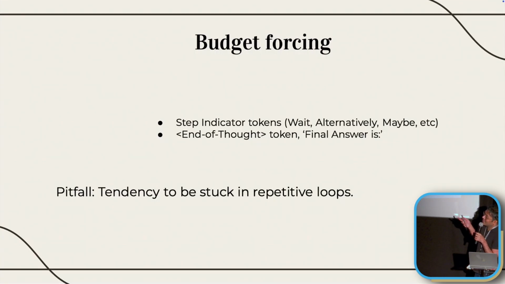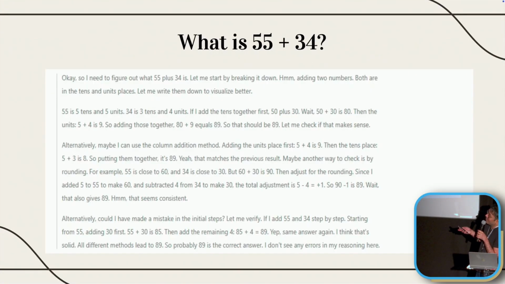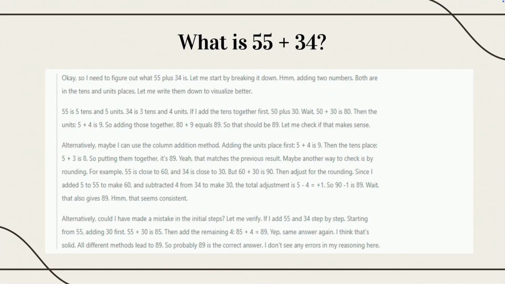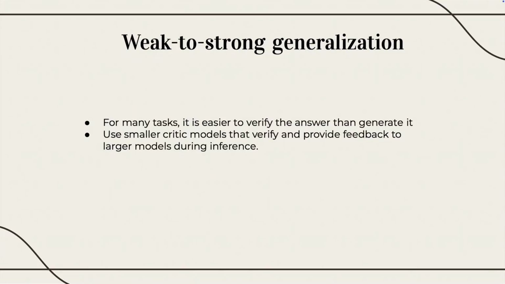But the pitfall is that if you just add wait, it has the tendency to get stuck in repetitive loops. Imagine if you added wait here and it just continues doing the same process again and again.